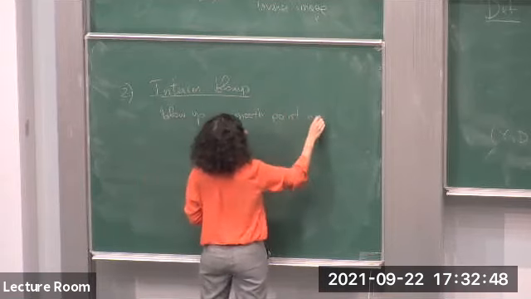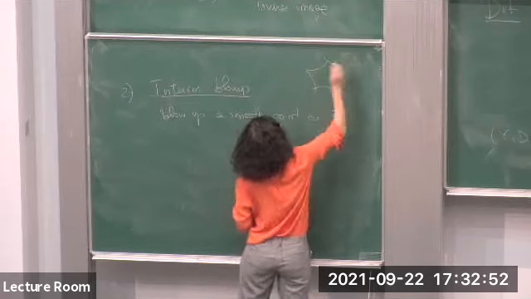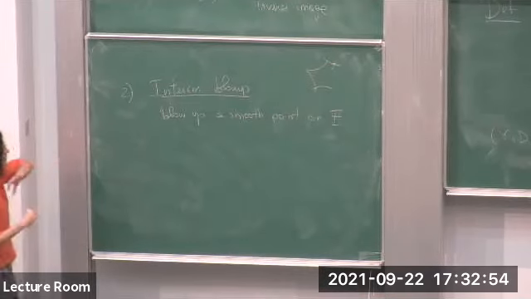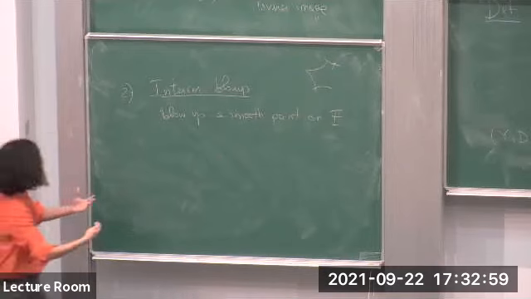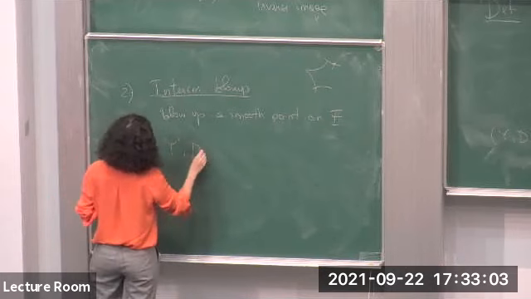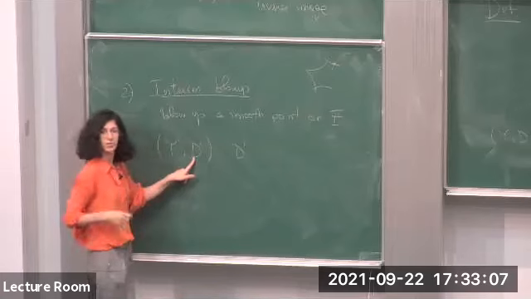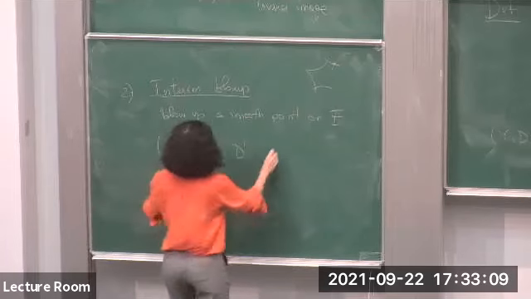So again, now you're blowing up one of these points, and now you don't take this divisor when you consider the new Looijenga pair. The new pair here, D prime, is the strict transform.